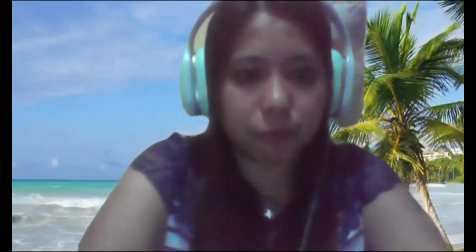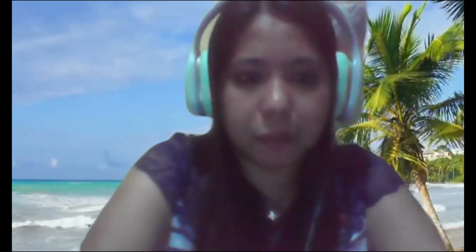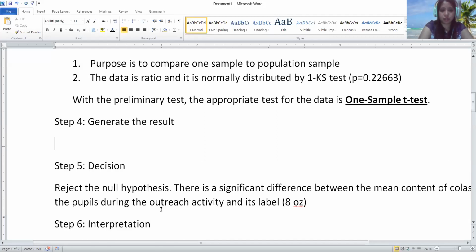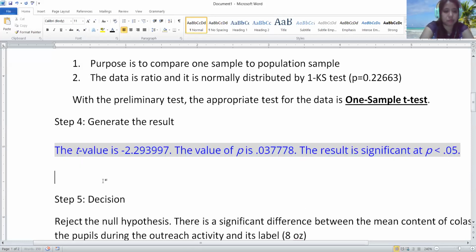Okay, so let's go back to our data. Step 4, generate the result. So to generate the result, we will just simply copy that the t-value is negative 2.29. So we will just simply copy this.